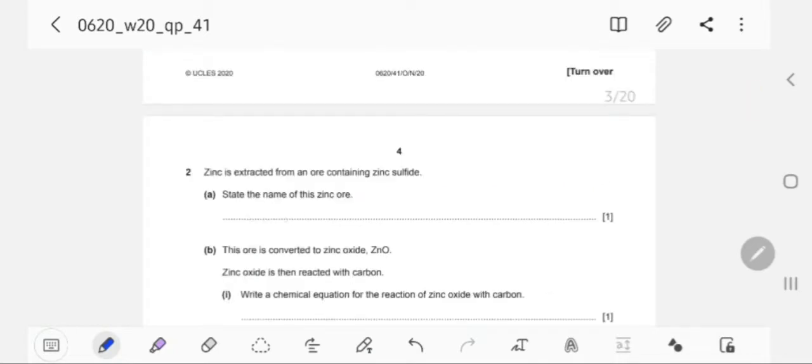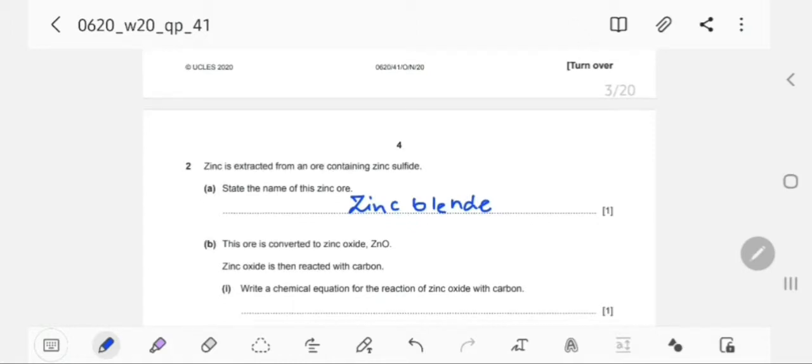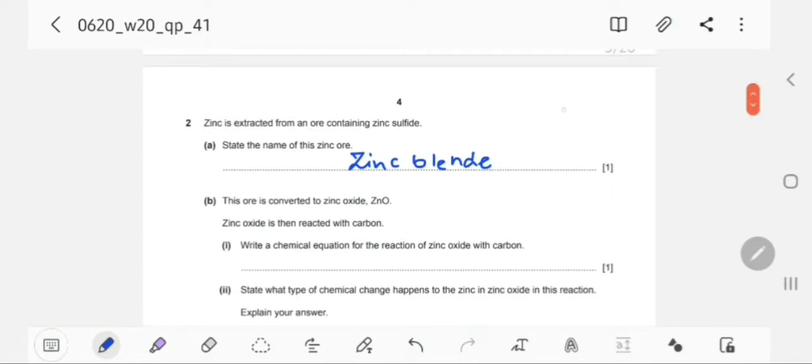Question 2, part A. State the name of this zinc ore. Well, it's zinc blende, which consists of zinc sulfide from which zinc is extracted. Okay, write a chemical equation for the reaction of zinc oxide with carbon. Zinc oxide with carbon gives carbon dioxide, as carbon takes oxygen and zinc is left alone.